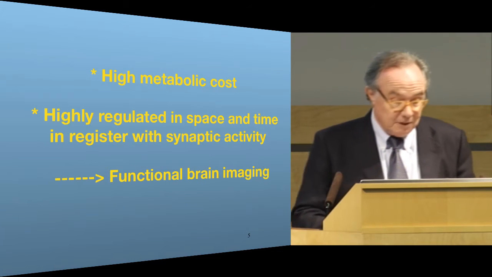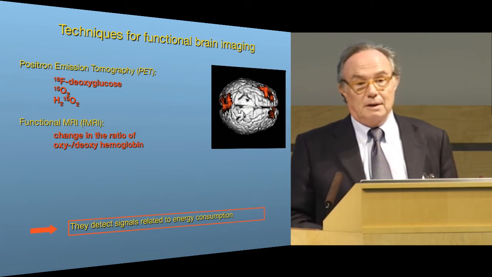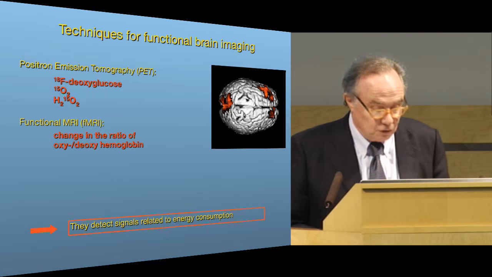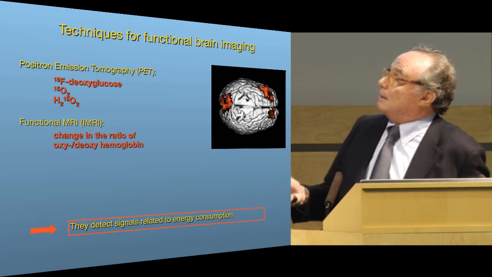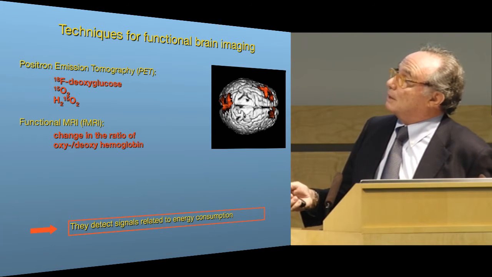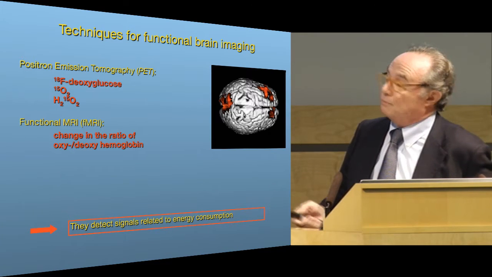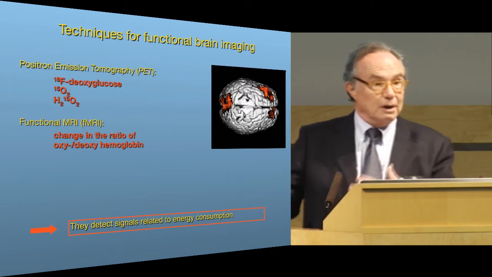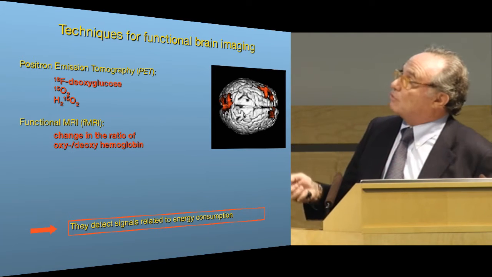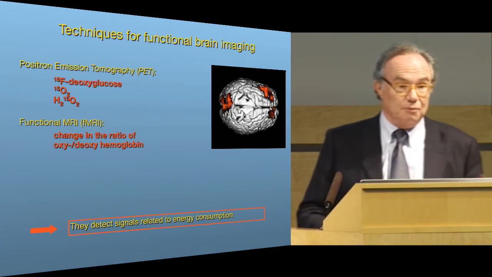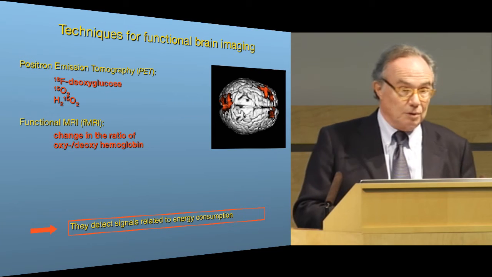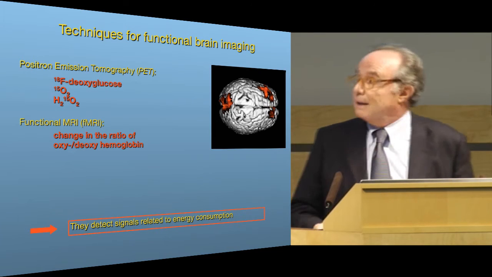And by the way, this has been at the basis of the developments of the techniques for functional brain imaging, because either PET, for which one can monitor glucose utilization, oxygen consumption, or blood flow using oxygen-15 water, one monitors metabolic events or vascular events. And even fMRI, in fact, is related to vascular for sure, but also metabolic events.